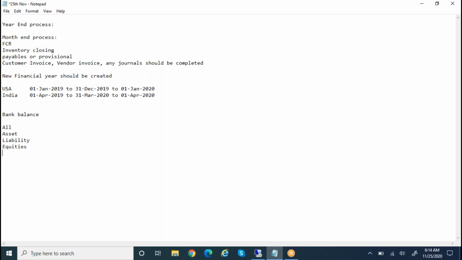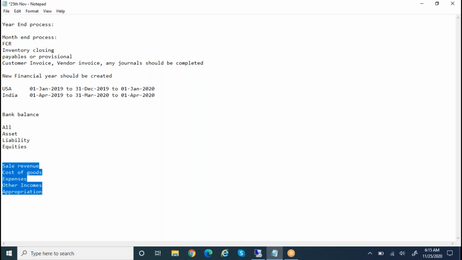Whereas sales revenue, cost of goods, expenses, other incomes, appropriation, these balances will not be transferred.